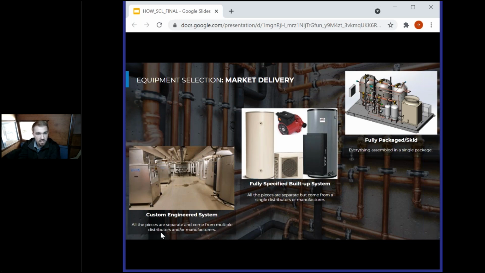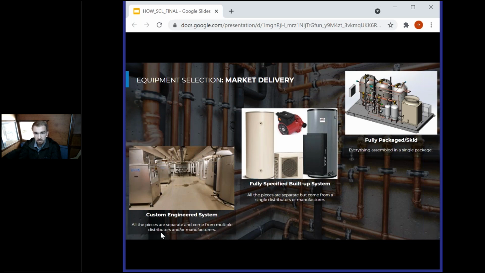But then one step further is going to be the fully specified system, where a lot more information is going to be provided from the manufacturer or their reps, and they will basically specify for you all of the parts you need for a system that satisfies a specific building.